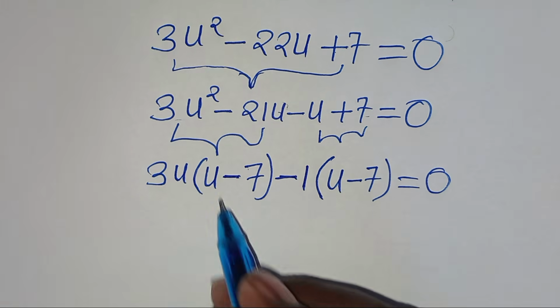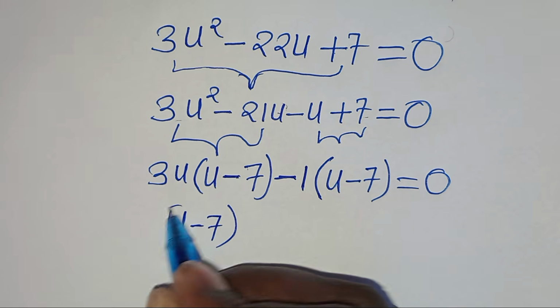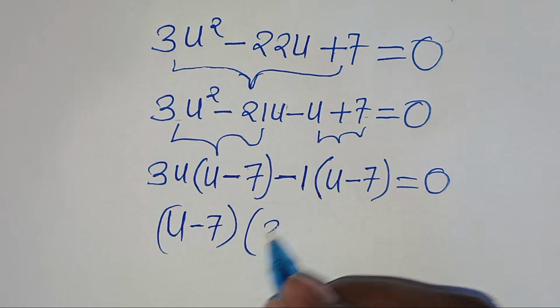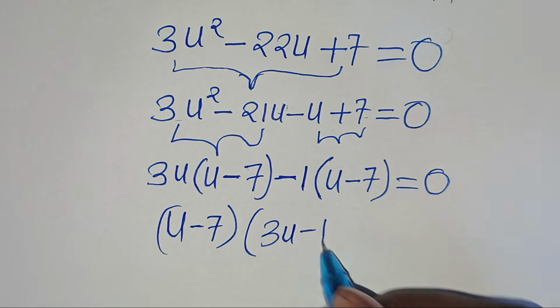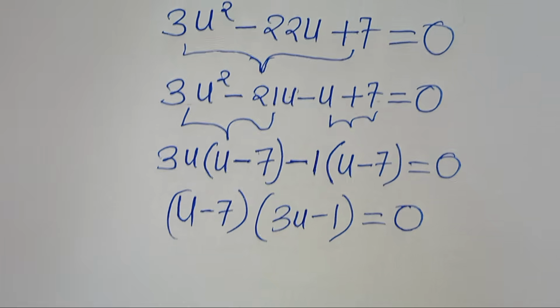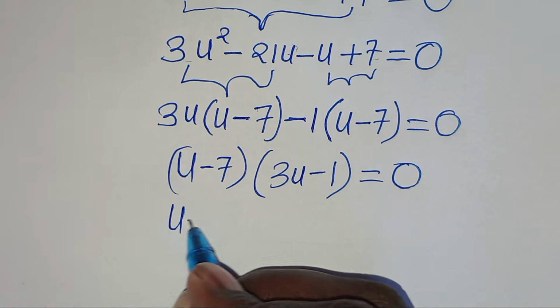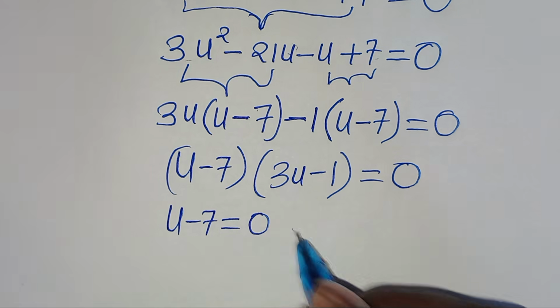So now u minus 7 is common here. So let's factor out u minus 7. And then we have 3u minus 1. This is equal to 0. Now we have got two cases here. We have u minus 7 equal to 0.